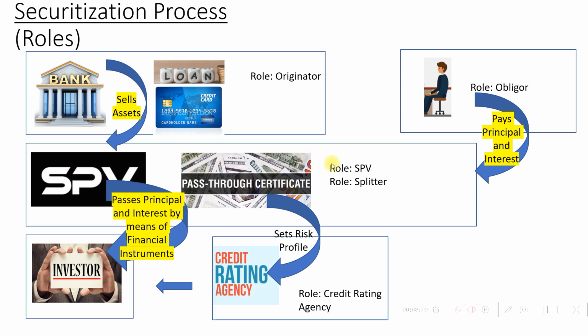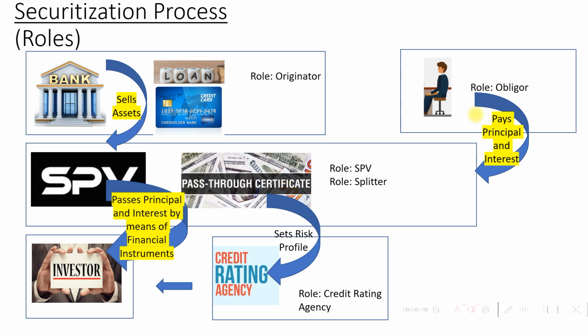Now, what is the next role? It is payer of securities. So, who is the payer here? Payer is nothing but the obliger or the bank's customer who has taken loans or credit cards from the bank. Now, this role is played by the obliger, one of the three fundamental participants of the security transactions.